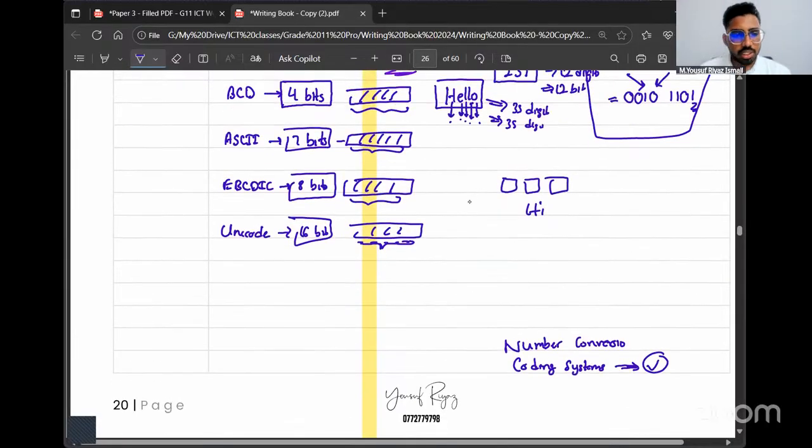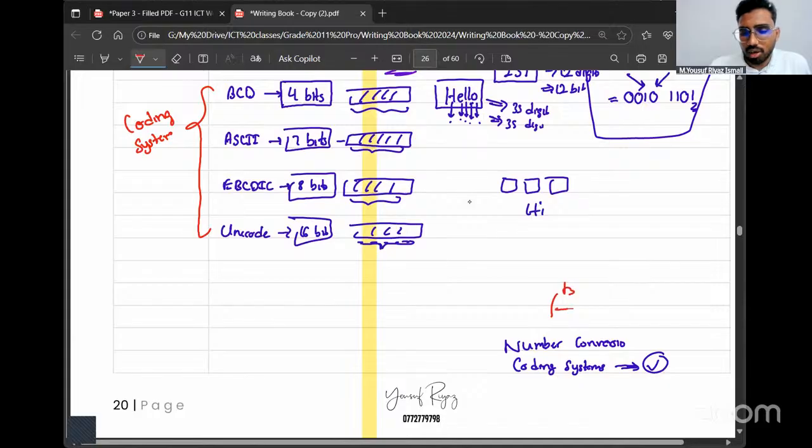EBCDIC, BCD, ASCII, Unicode and so on are all different coding systems. So here, if you have a zero in front, yes, it is important. But in number systems like binary, octal, hexadecimal and decimal, if you have zeros in front, you can ignore them.